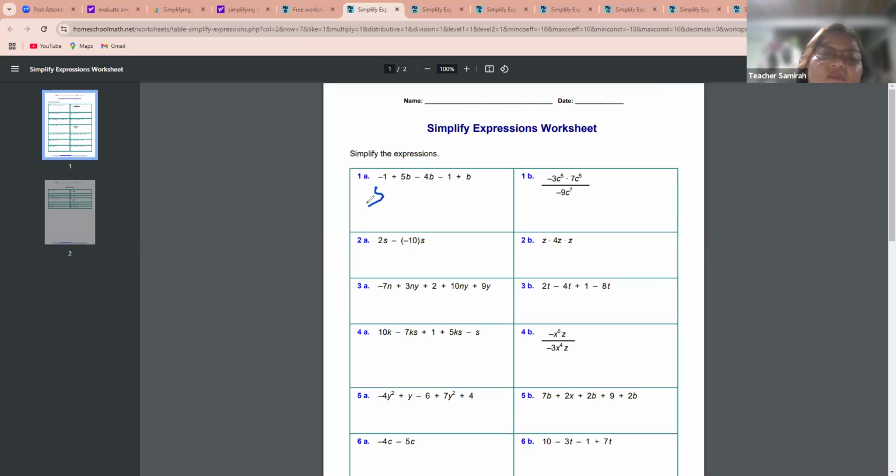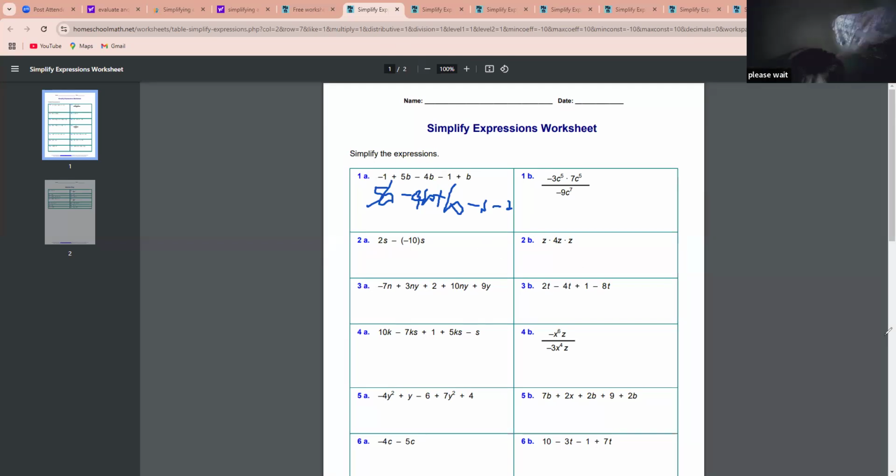So 5b minus 4b plus b minus 1. 5 minus 4 equals 1, 1b plus 1b, 1 plus 1 equals 2.